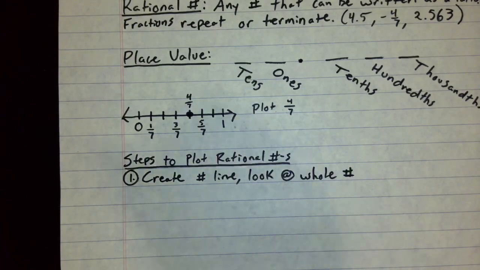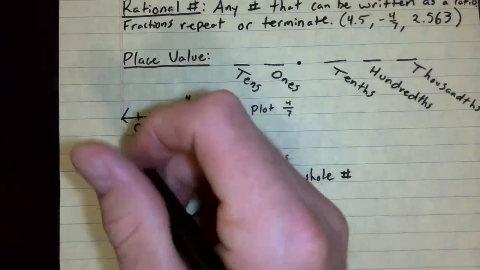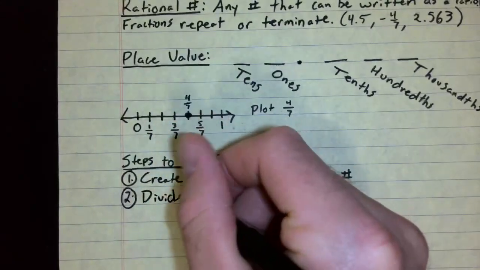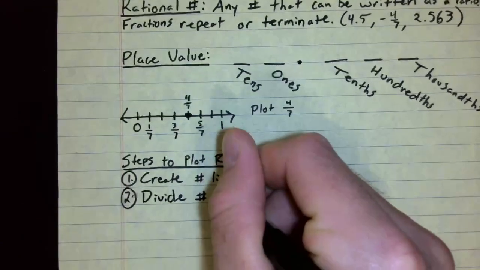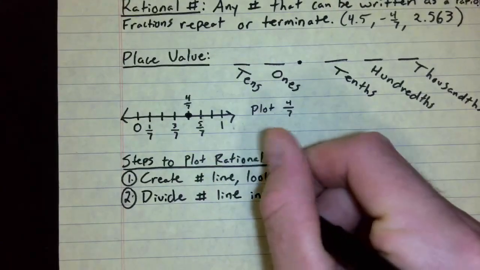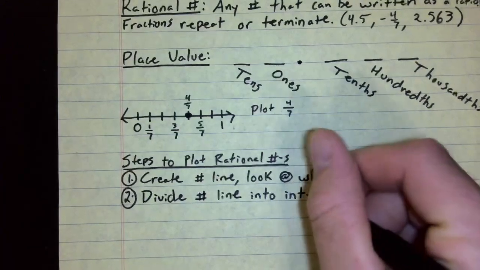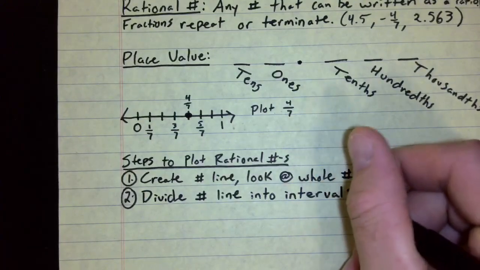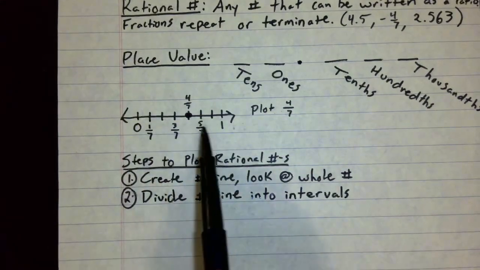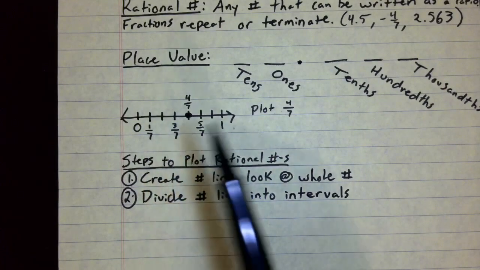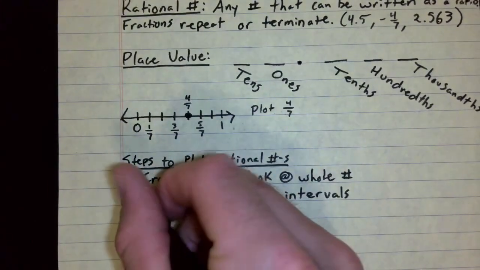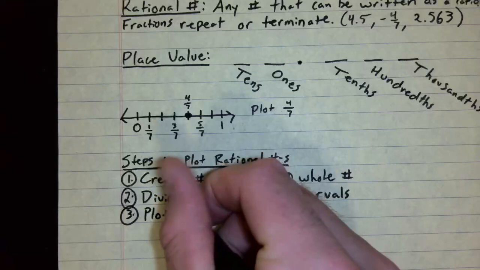Okay? Step 2 is to divide the number line into intervals, just like what we did up here, into 1/7 intervals.